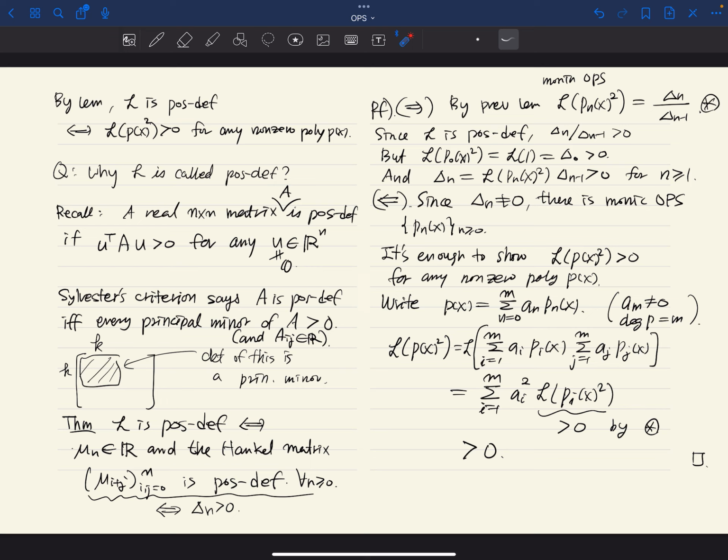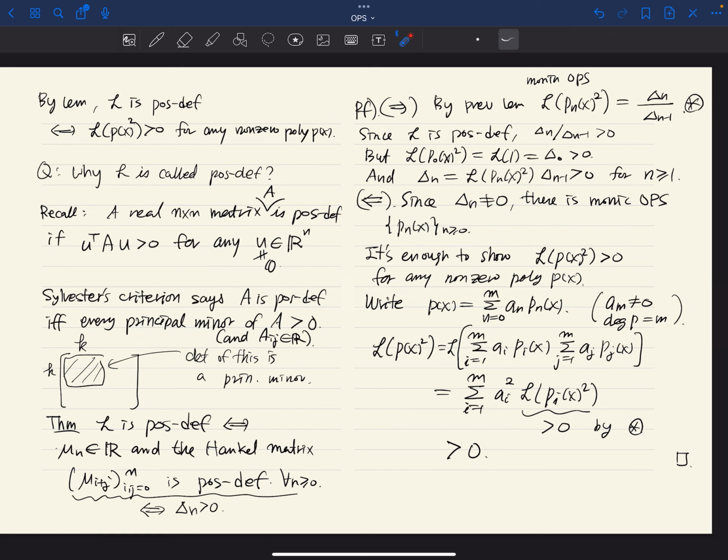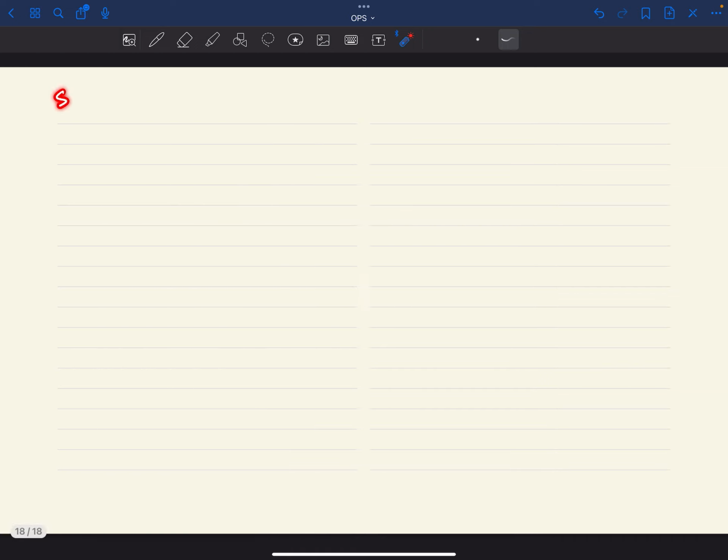Okay, so that's the end of this section. So we will move on to the next section, Section 2.4.